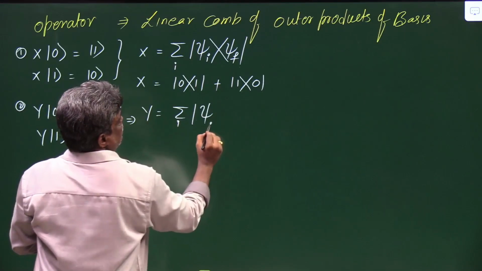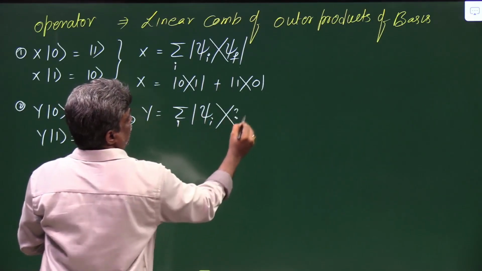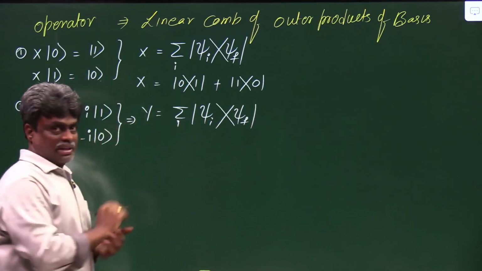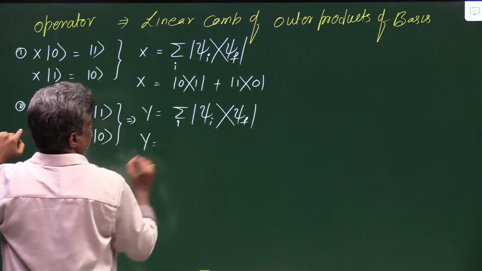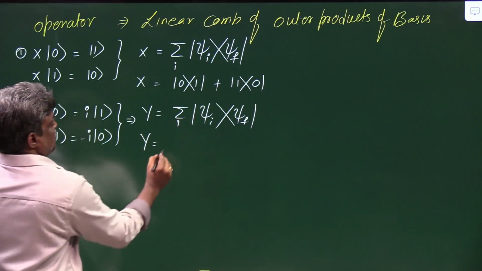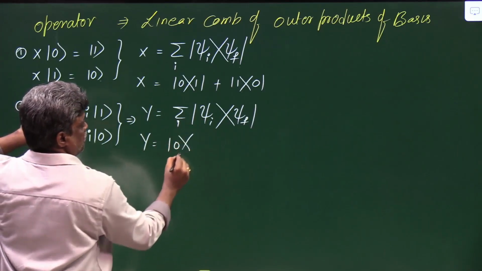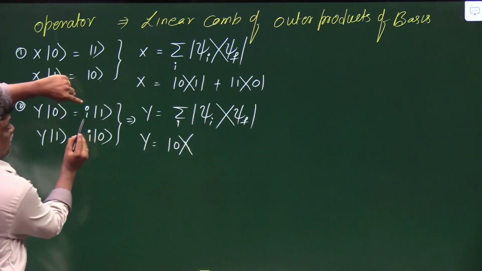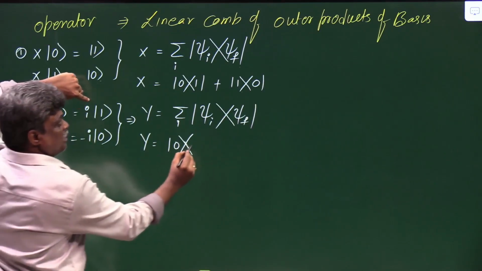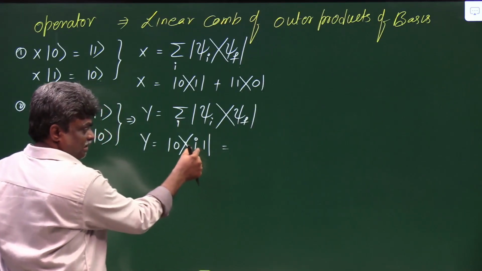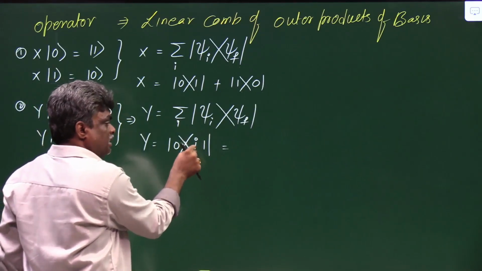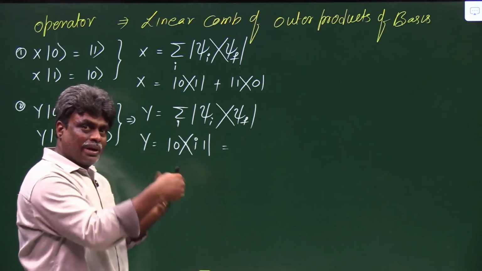Remember, psi initial is in the ket and psi final is in the bra vector. So careful. Now Y is equal to, what is the initial state here? Ket 0. What is the final state? Careful, you have to take this iota also, iota 1. But whenever there is a complex constant in the bra vector, you will get the complex conjugate.